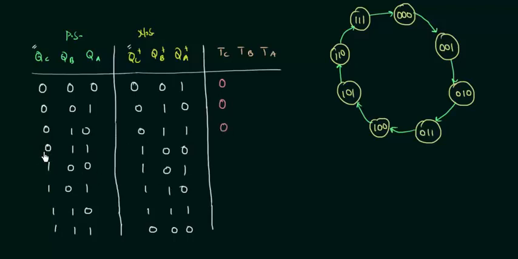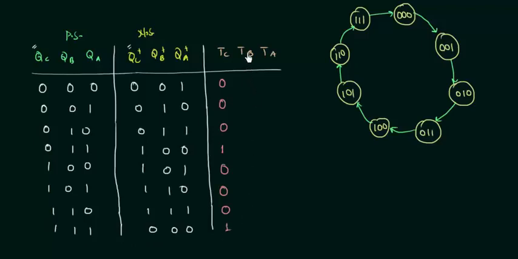For the fourth case there is toggling: the present state is 0 but the next state is 1, and for toggling TC must be 1. The next case has present state 1 and next state 1, so again we have memory, and TC is 0. The second last case has TC 0, and in the last case we have toggling.